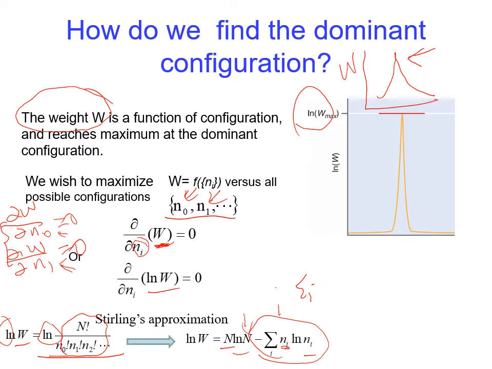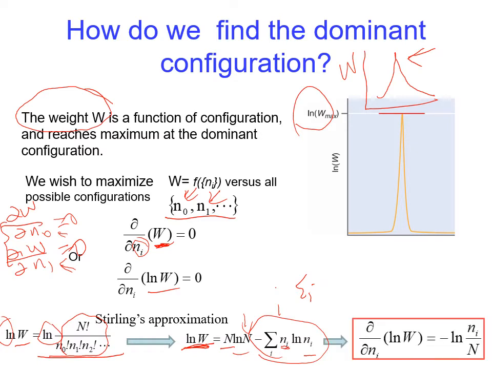Now we show the derivative of this over each of the numbers of molecules on the energy levels. For example, for i, the derivative over N_i should give negative natural log N_i over N.